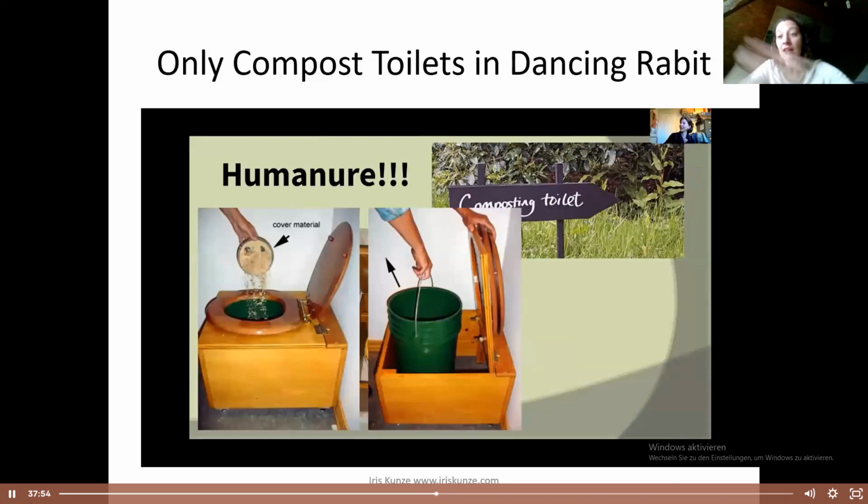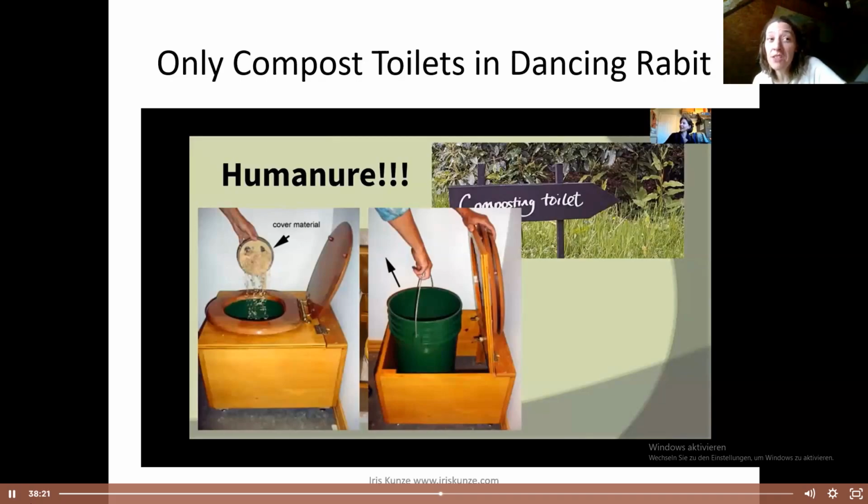But there are also larger composting toilets in the seminar house that have really large tanks in the cellar downstairs, and this can stay in there for 1 or 2 years, and it has the composting process already in these huge tanks, so you don't have to do the emptying.